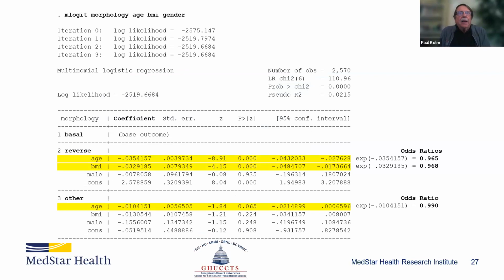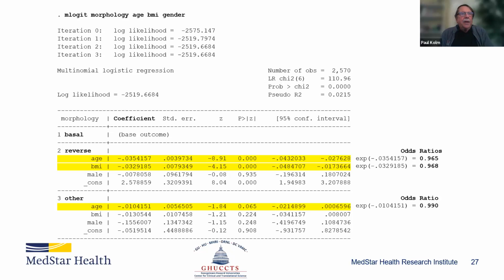And so this is our results. And so you can see again, because we have 3 different categories here, in this case, we're going to have to use one as the base outcome. So when we look at the regression coefficients, for example, we see 2 that are statistically significant for the reverse curvature, age and BMI.